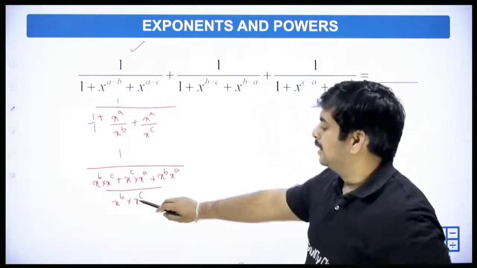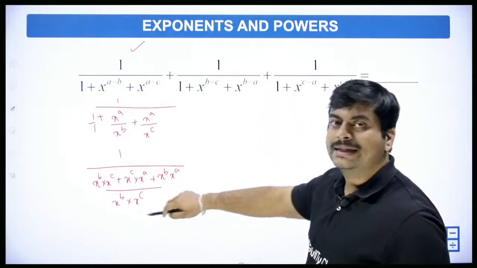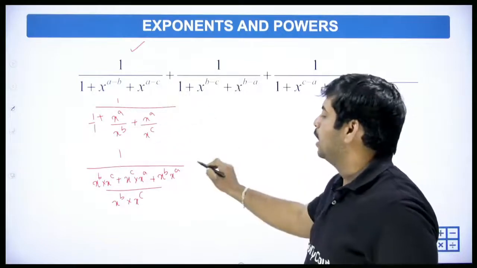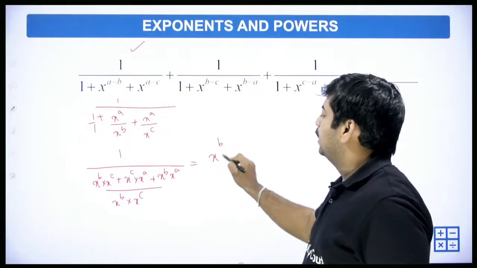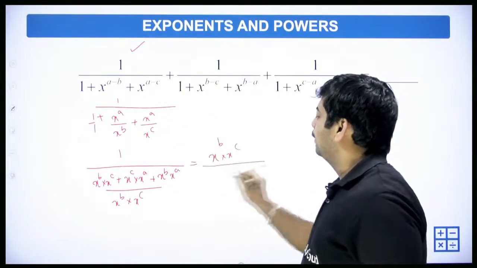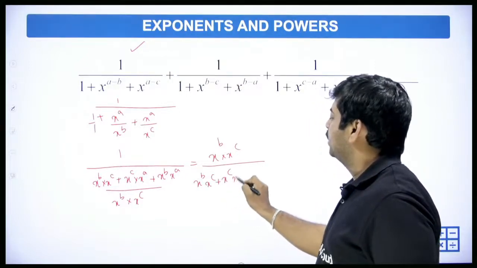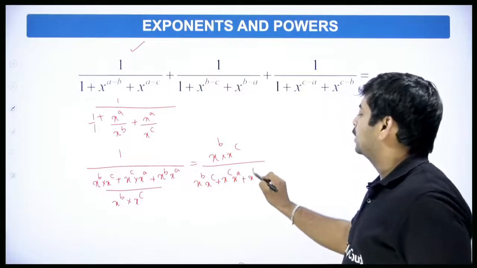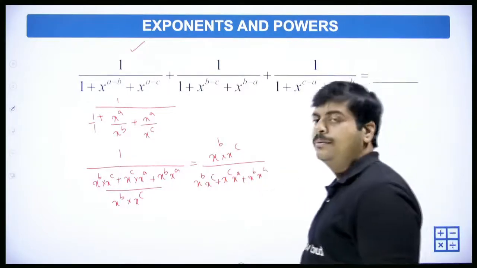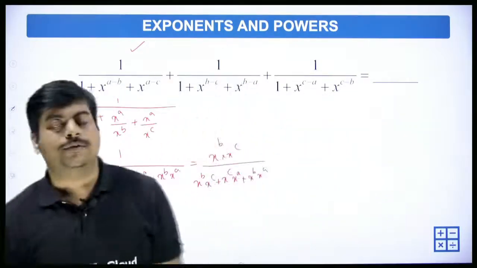Right? So this term in the denominator gets reciprocal and goes to the numerator. That will become x power b into x power c by x power b into x power c plus x power c into x power a plus x power b into x power a. So this is how the first term goes.